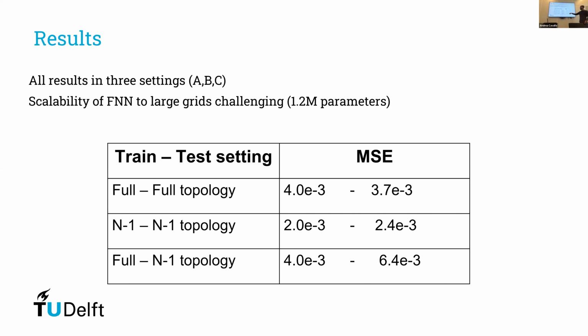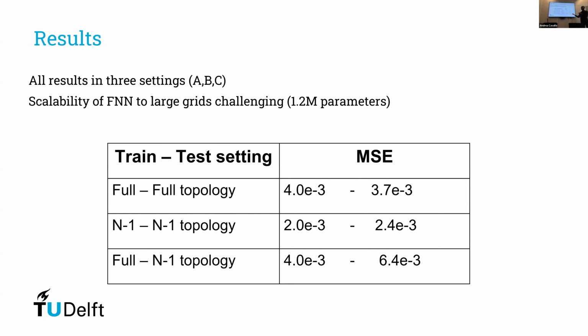This is the result in the case of a fully connected neural network, and the results are comparable to the state of the art right now when you're predicting ACOPF solutions, in the order of 10⁻³.